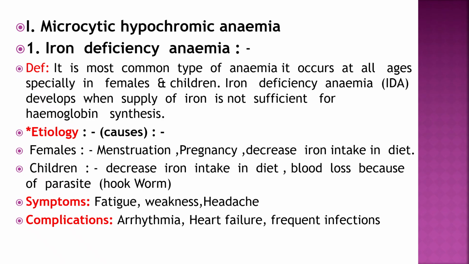Iron deficiency anemia is the most common type of anemia. It occurs at all ages, especially in females and children. It develops when the supply of iron is not sufficient for hemoglobin synthesis, because iron is required for hemoglobin. Causes in females can be the monthly regular blood loss, that is menstruation, pregnancy, and decreased iron intake in diet, because previously females used to eat after everyone had eaten, so they got a decreased diet.